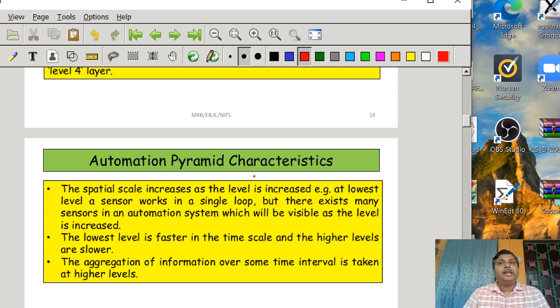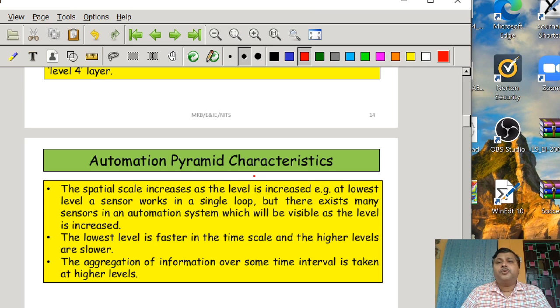Why? Because of the aggregations: the supervisory control looks after several loops, so it will be slower. The aggregation of information over some time interval is taken at the higher levels. Also, we are not going to check the status or health of each and every loop frequently when someone is sitting at the top level. Suppose Ambani is sitting at the enterprise level.